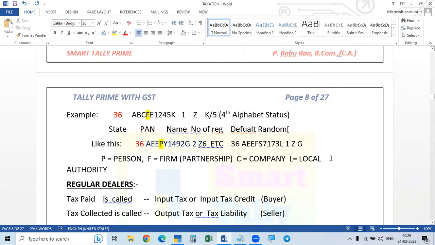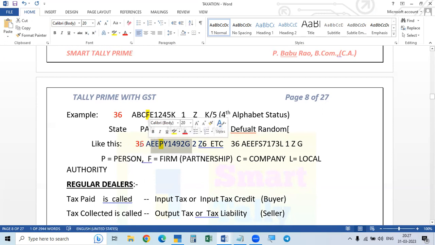A means association of persons. Like that, it will indicate the status of the dealer, whether a person, firm, company, or H means HUF. So this is the PAN card.